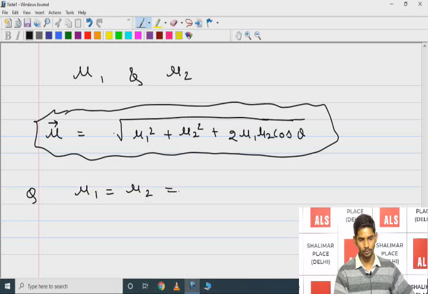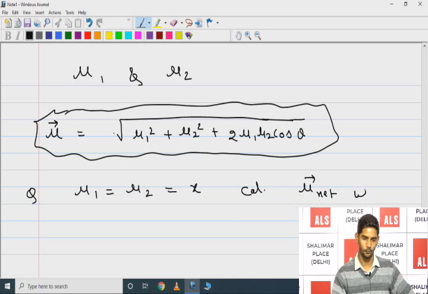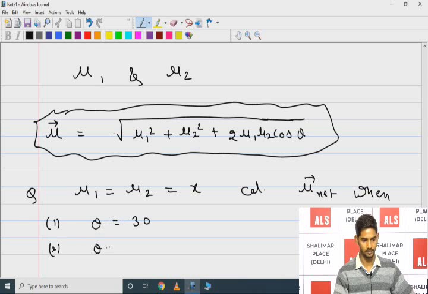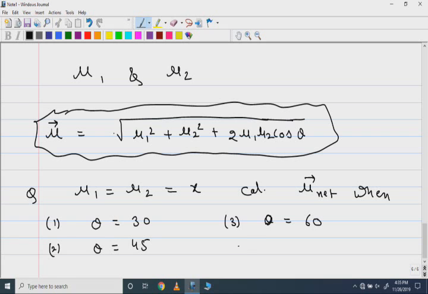Mu1 is equal to mu2 is equal to x. Calculate when, in the first part, theta is 30, then theta is 45, theta is 60, and you can take 90 as well.